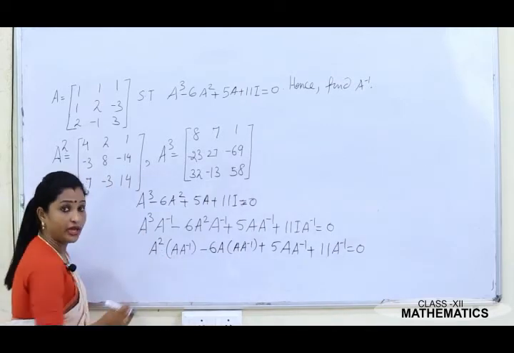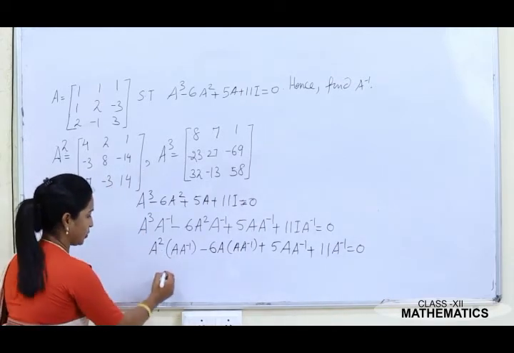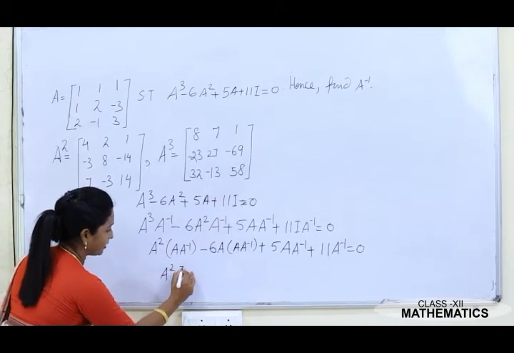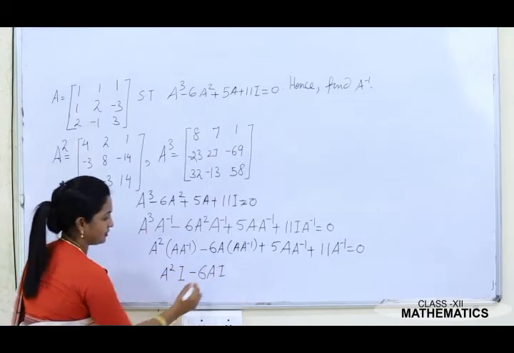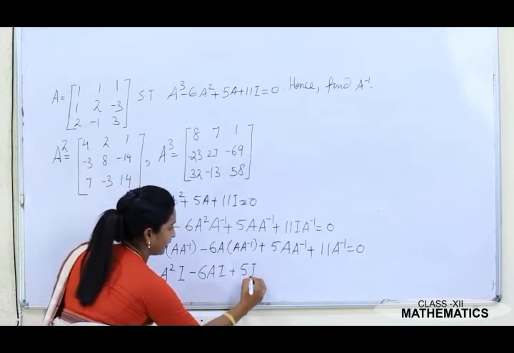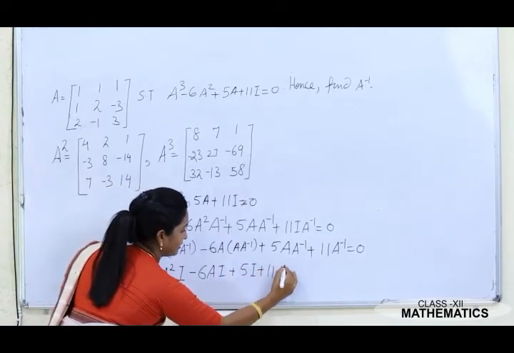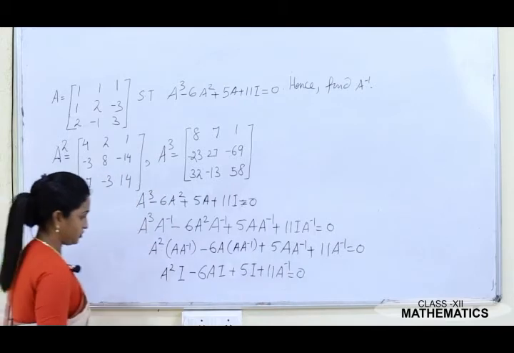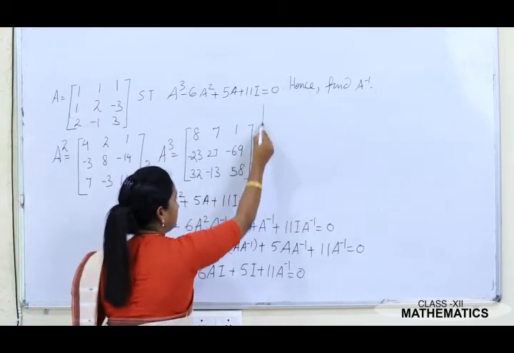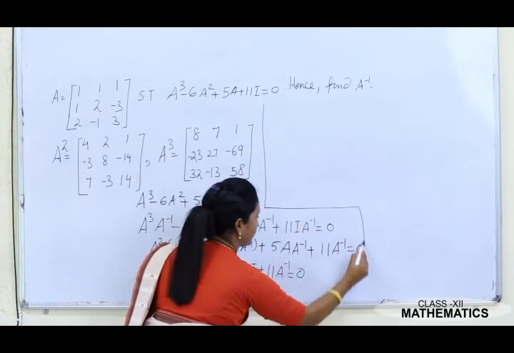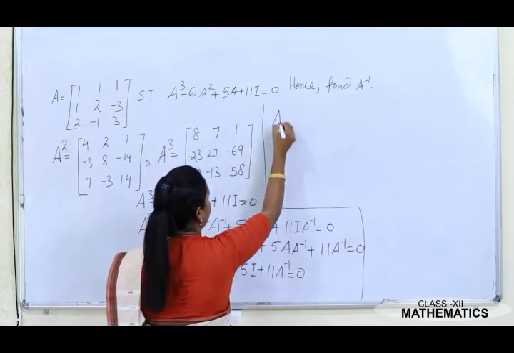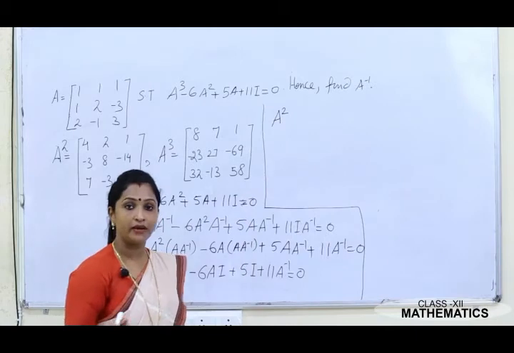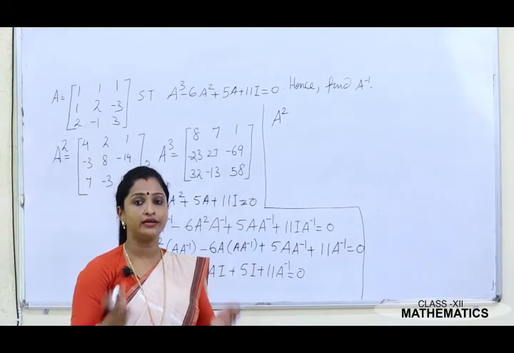Now what is the value of a inverse? It is I. So what you are going to get? a square I minus 6ai plus 5i plus 11a inverse is equal to 0. Clear children? Now what are you going to get here? a square I means it is a square only, because when a matrix is multiplied with the identity matrix, you are going to get the same matrix.